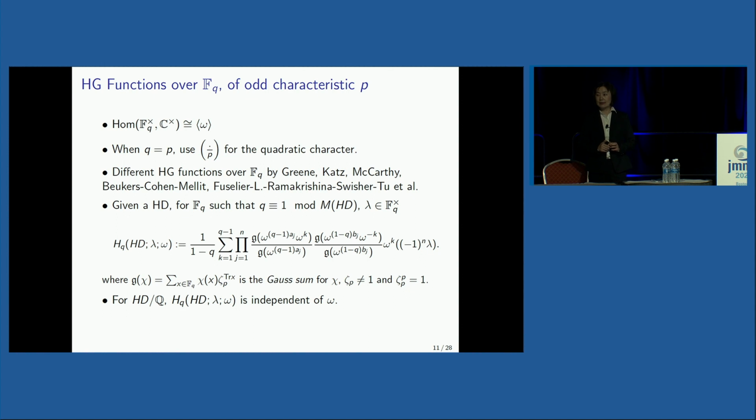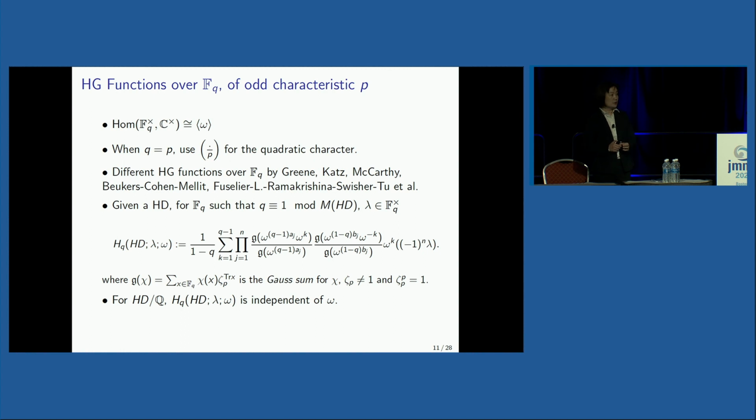And also in a very recent memoir written by my co-authors, some in the audience, Jenny Fuselier, Ravi Ramakrishna, not here, Holly Swisher, and Fang-Ting Tu, we give a very parallel modification of Greene's version so that we can use the Galois perspective for a lot of discussions.